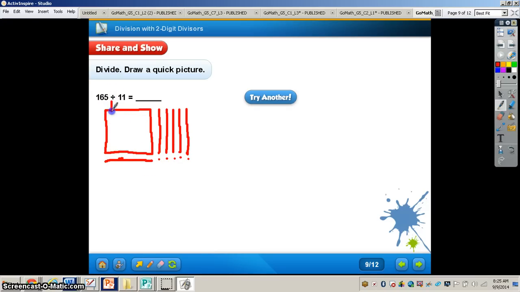So this is 10 groups. Then that's my partial quotient, and then 1, 2, 3, 4, 5 more groups here that equal 11. So 10 plus 5 equals 15. And I want you to draw this right in your book, and then you can move on to the next problem.